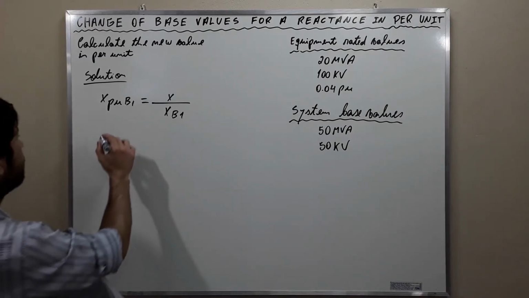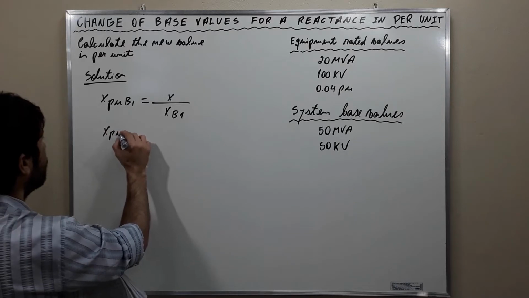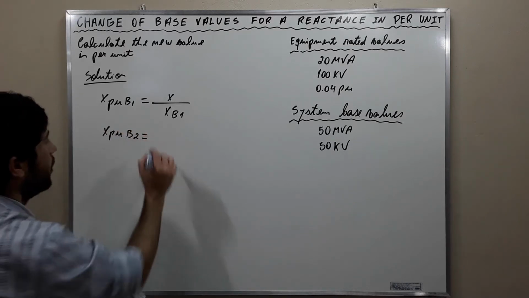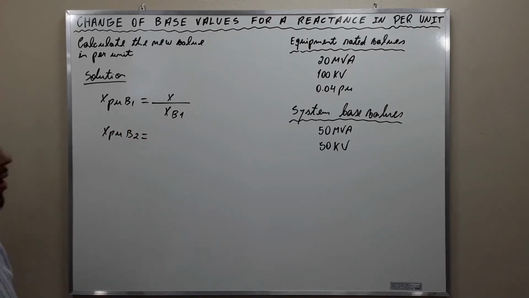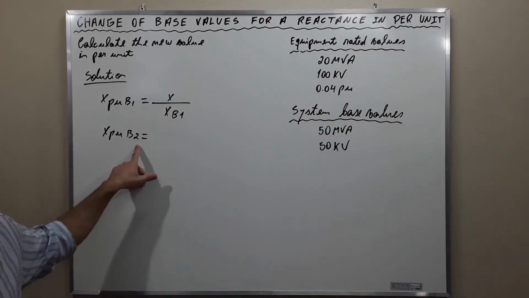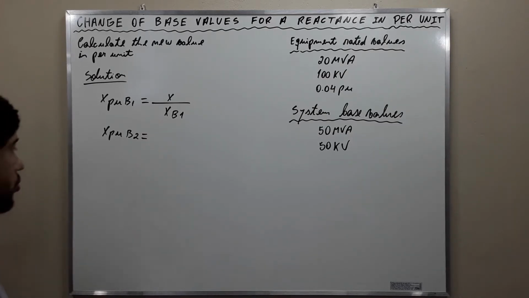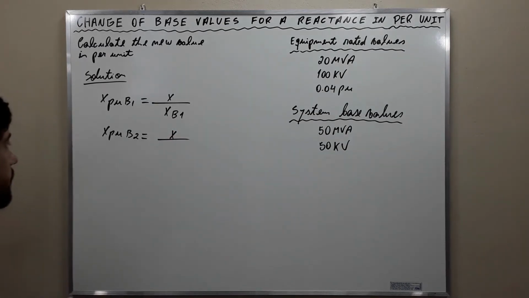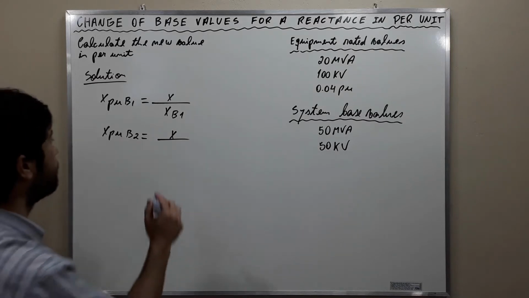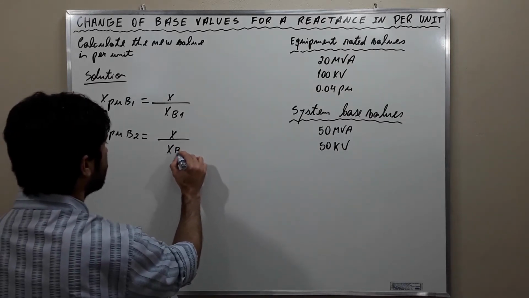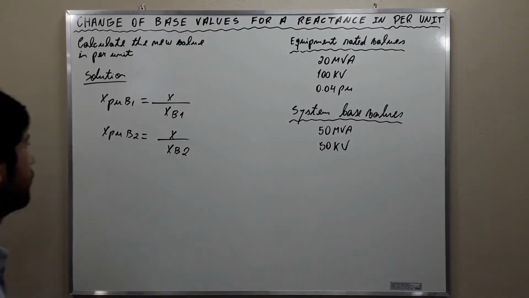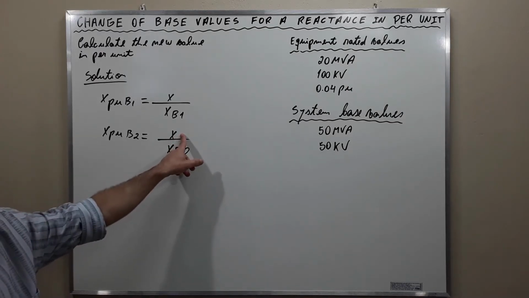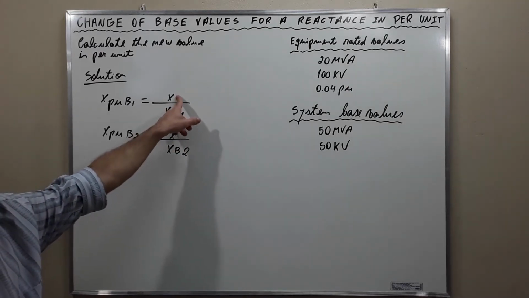Likewise, the value in per unit of this reactance in system 2 is going to be equal to the reactance in ohms divided by the base reactance of that system. You can see that we have X here and X here.